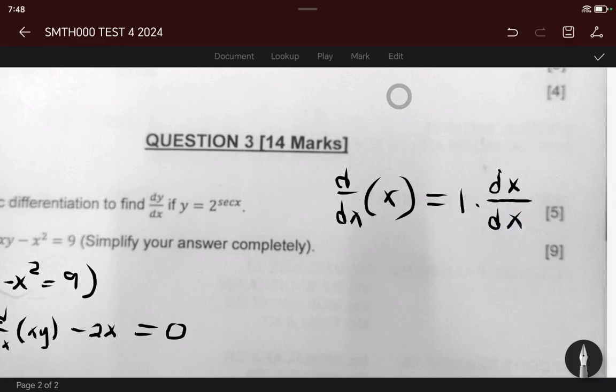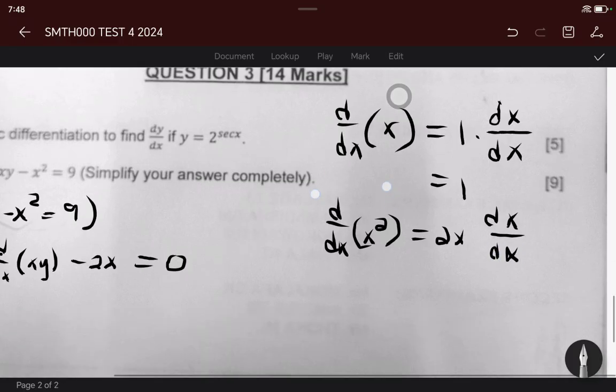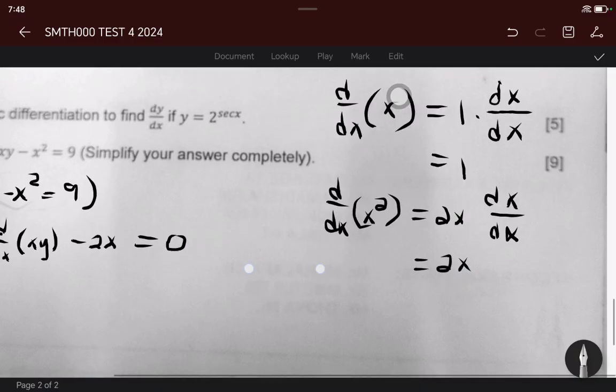You see, right? And this gives us 1 times 1 is 1. That's why the derivative of x gives 1. The same thing, if I was to derive x squared, I'd get 2x, but I'm deriving x with respect to x. You see, this one automatically would give us 2x.